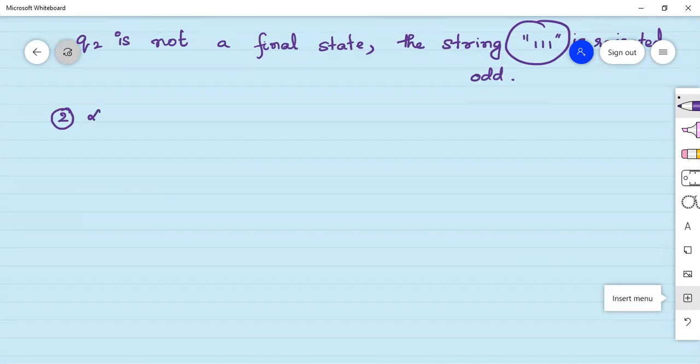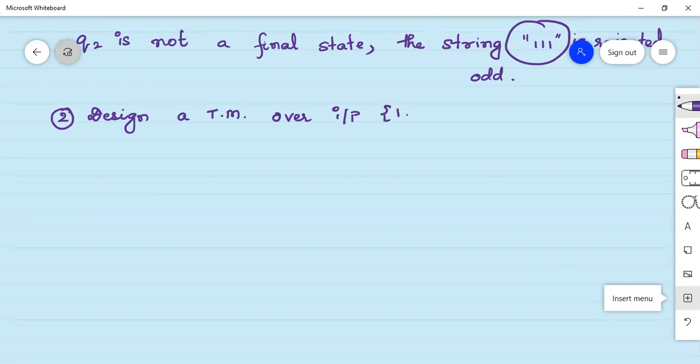So design a Turing machine over the input 1 comma blank, okay, which can compute concatenation function.